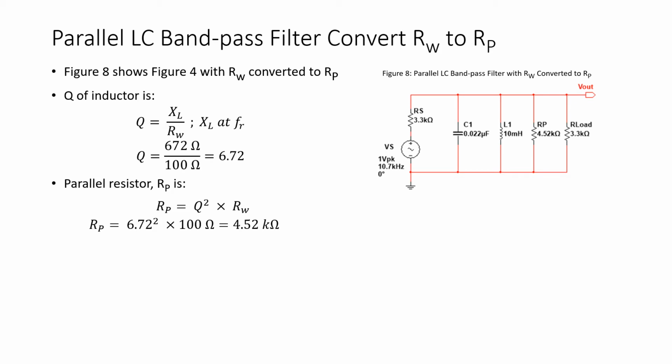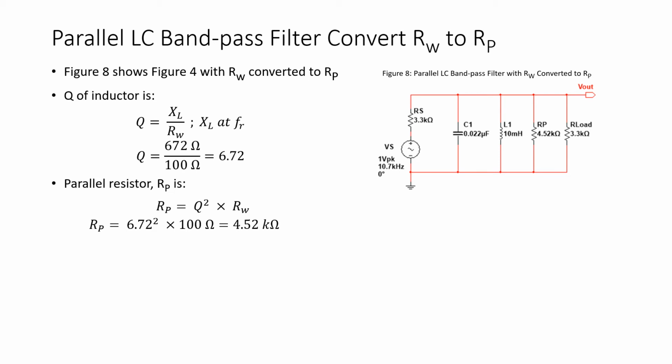We see this accomplished in the circuit of figure 8. I've taken the 100 ohms of wire resistance that was in series with L1 and placed it in parallel with L1. Now we have a purely capacitive branch in parallel with a purely inductive branch. Mathematically, this is accomplished by first finding the Q of the inductor, which you recall is X sub L divided by RW, where X sub L is calculated at the resonant frequency.